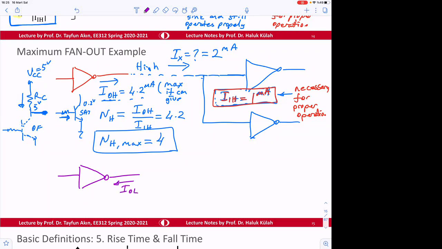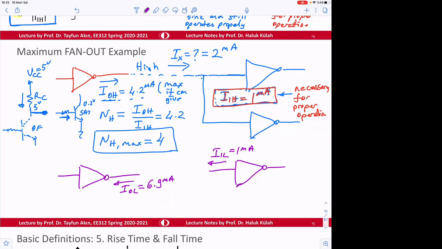I output low is given as 6.9 milliamp. And then here you have input low. Input low is given as, again, let's say 1 milliamp. It doesn't have to be.